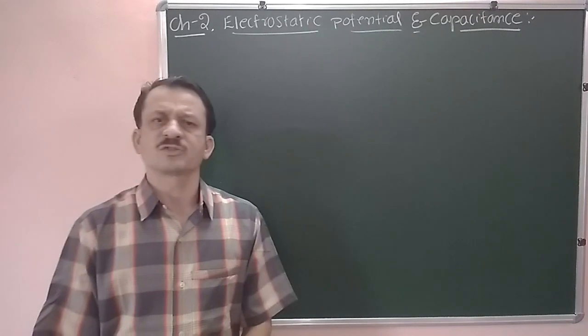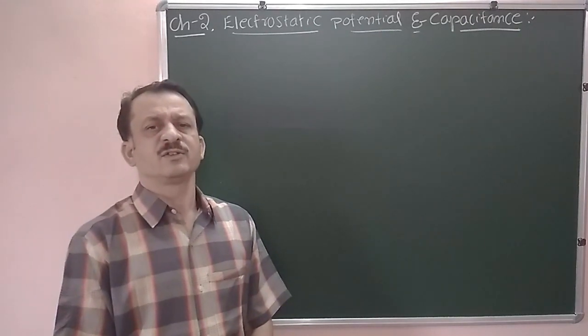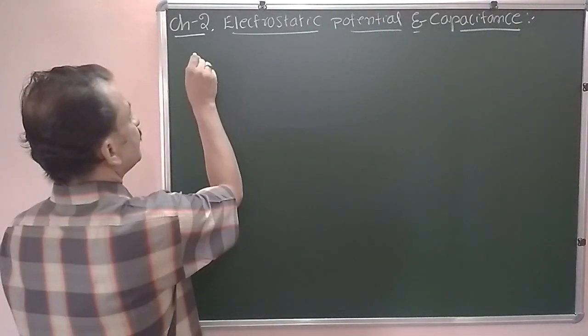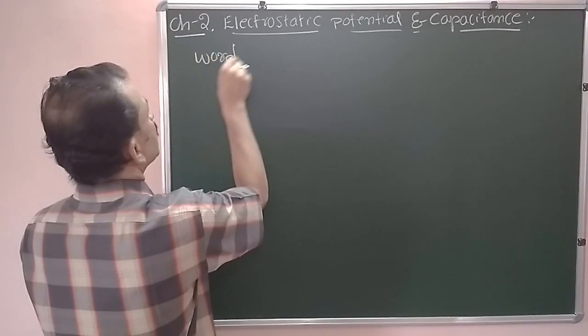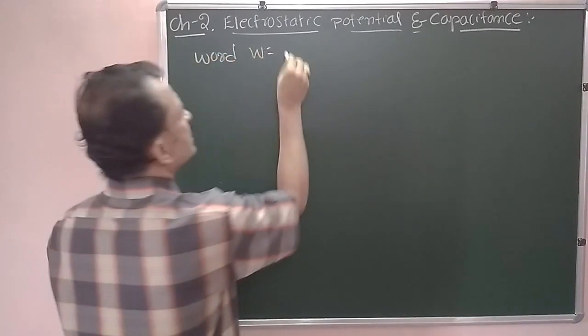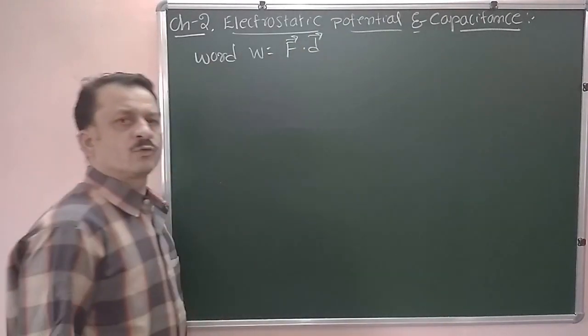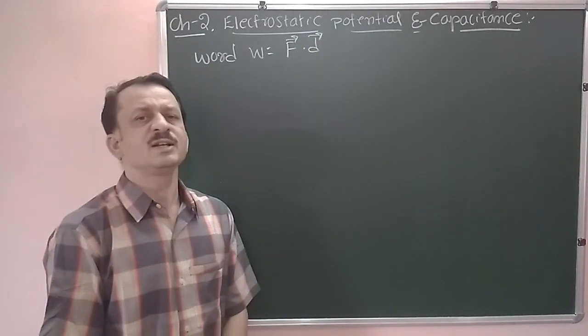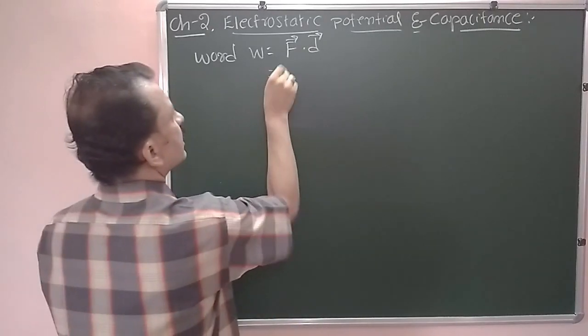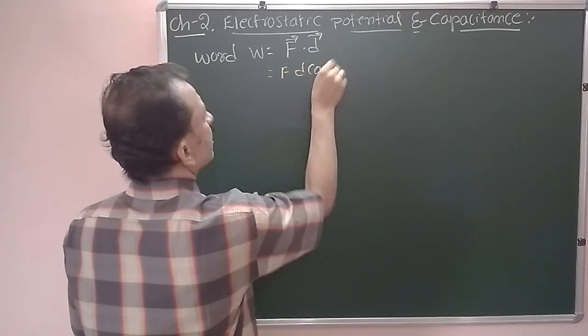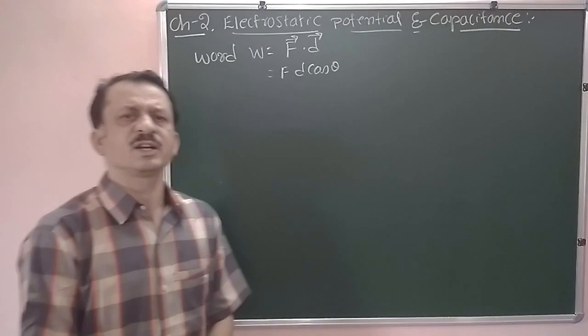Okay, in first PUC we have studied that. In chapter 6 we have studied work done. Now what is the work done? So work done is the dot product of force and displacement, or we write it as F d cos theta. It is a scalar quantity we have studied.